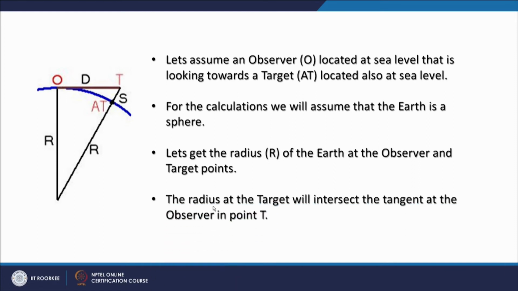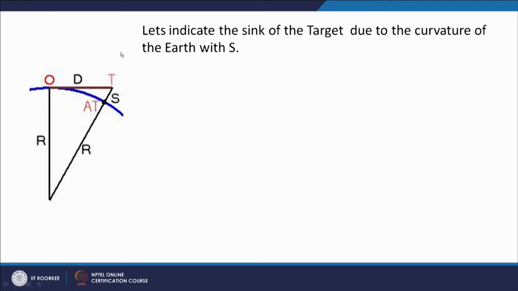Now, the radius at the target will intersect the tangent at the observer at point T here. So, this indicates the sink of the target: instead of here, it is coming here due to the curvature of the earth, as S. So, this S factor has to be incorporated.